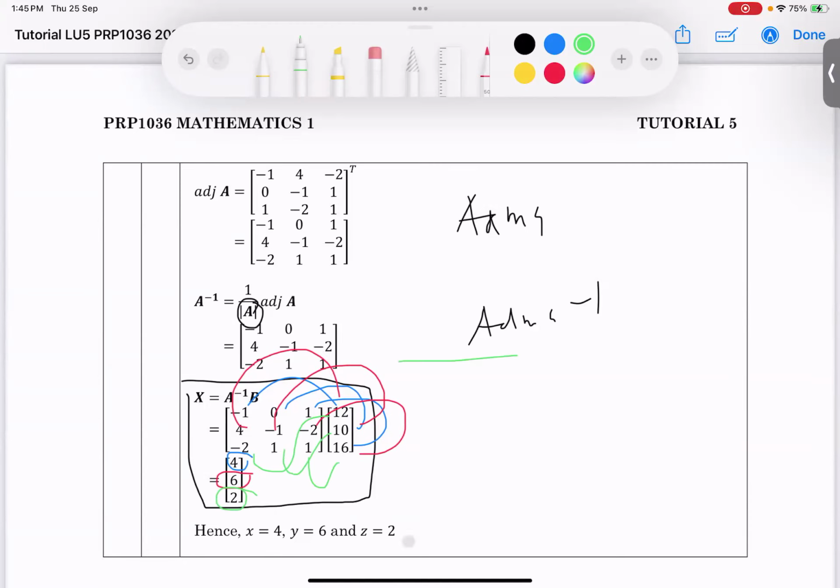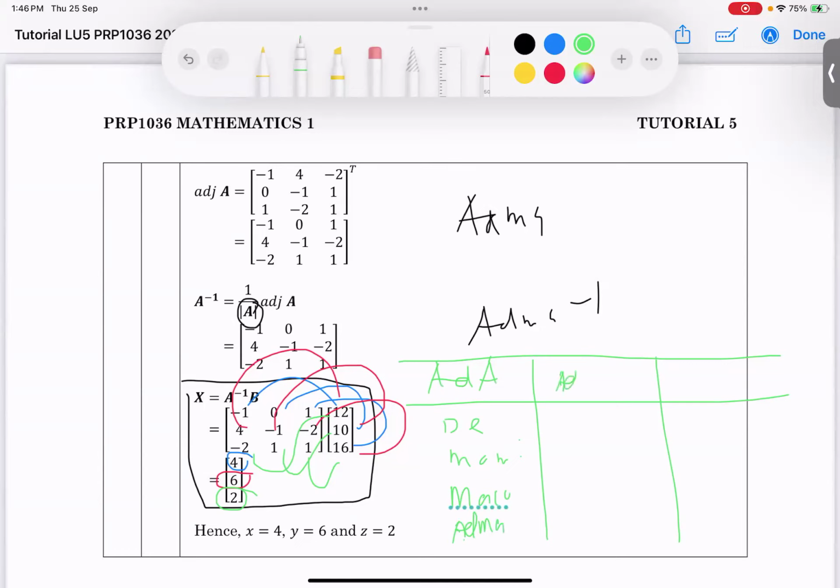So, conclusion. Now we summarize into three cases. If the question asks for only the adjoint of A, you just use the matrix minor, the matrix cofactor, and the adjoint matrix. If the question asks for the inverse of A, then you find the matrix minor, matrix cofactor, adjoint matrix, and the inverse.